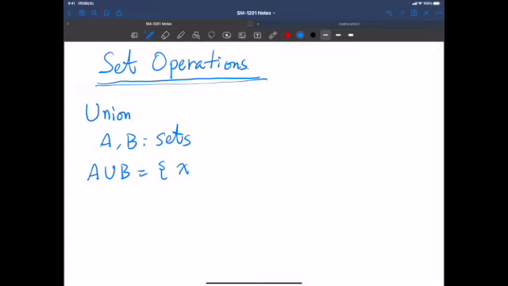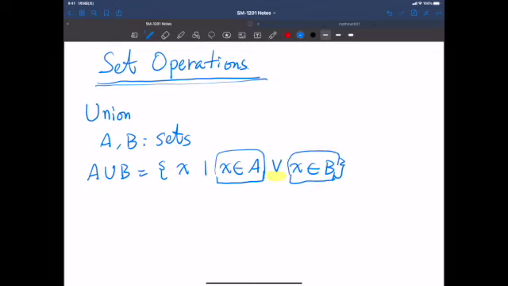That is a set of elements that belong to A or that belong to B. Here we use the logical operation disjunction. 'x belongs to A' and 'x belongs to B' are propositions, so we can combine them by logical or, disjunction.